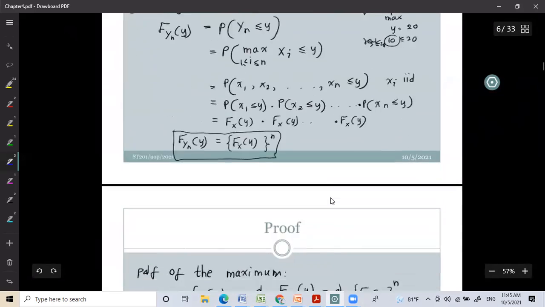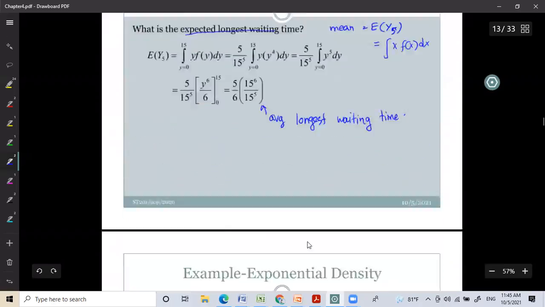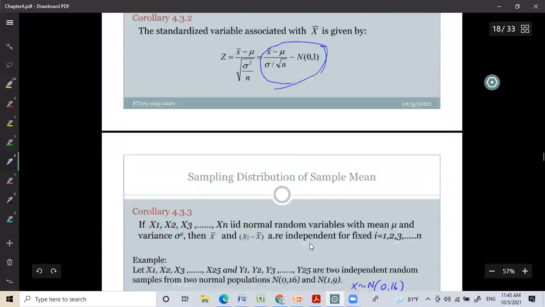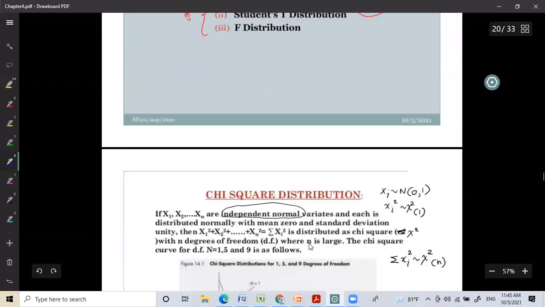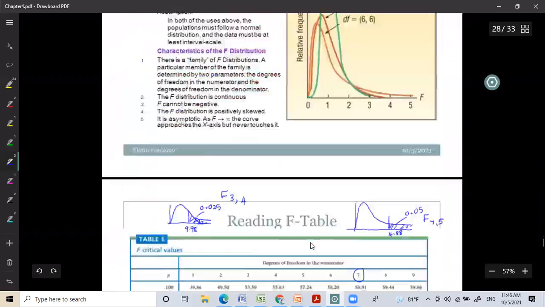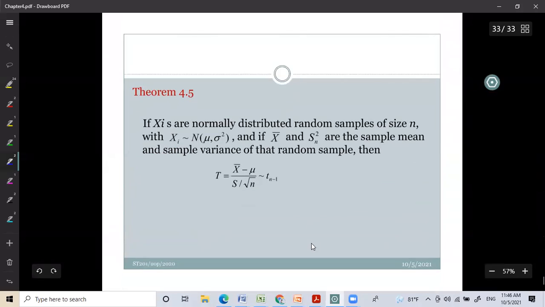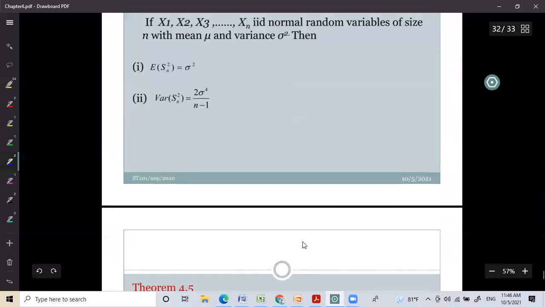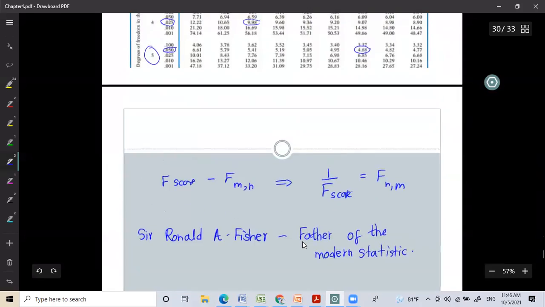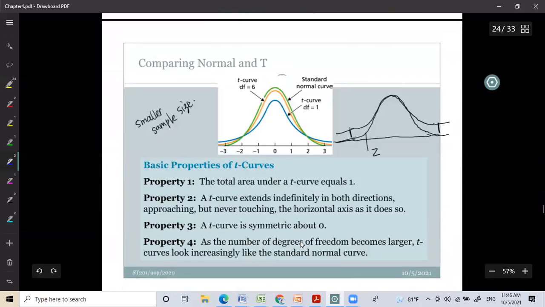You don't have to memorize these equations or theorems, but just be familiar with the words and their properties. That's enough. We are not asking any questions from these in exams, but they are just for your knowledge. Order statistics you have to understand very thoroughly.